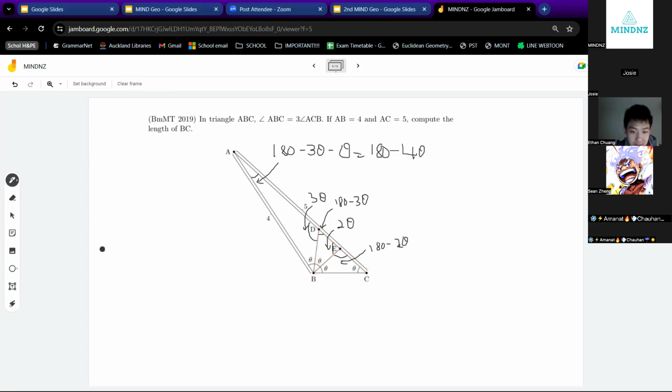So to make it a little bit more clear, I'll draw on the side for you guys to see. You can see that this angle is theta, this angle is theta, this angle is 2 theta, and this angle is theta. So this angle here is equal to this big angle here, and this small angle here is equal to this one here.